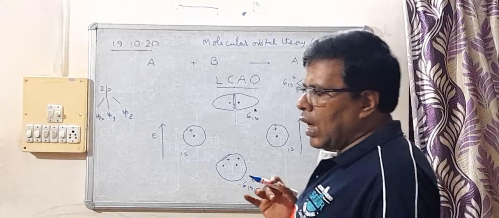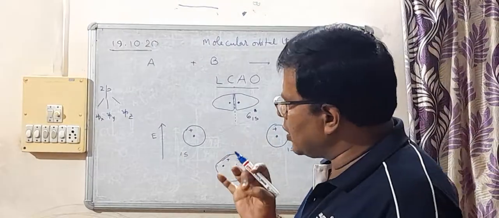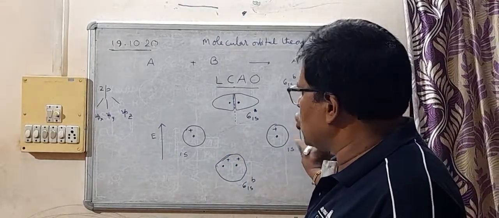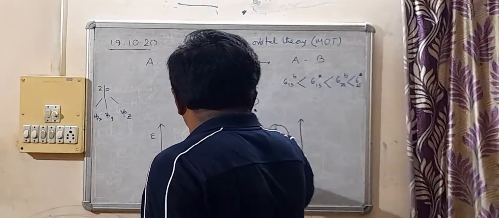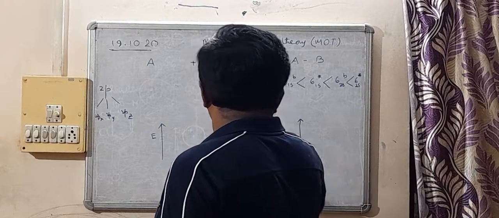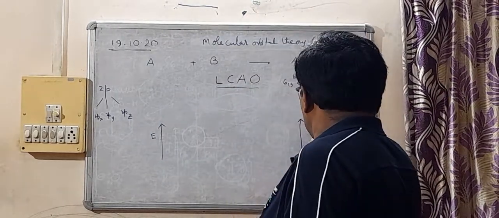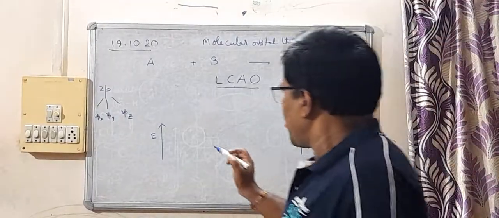So I am showing you now first what molecular orbital results when 2pz combines with 2pz.